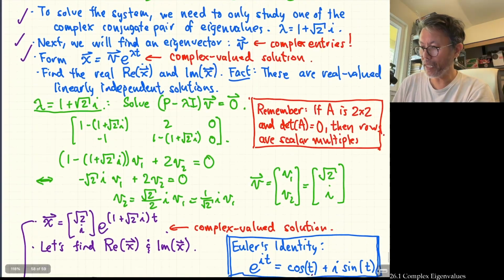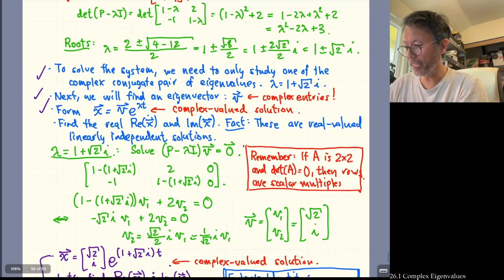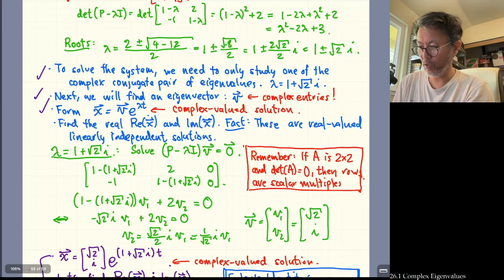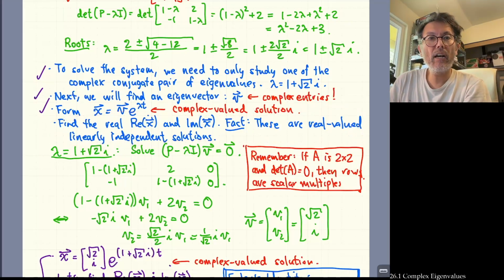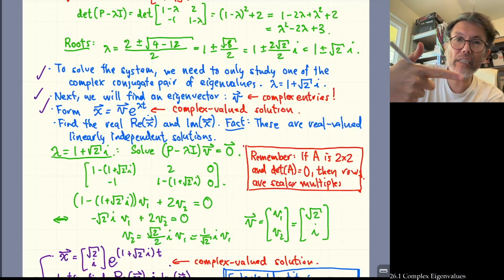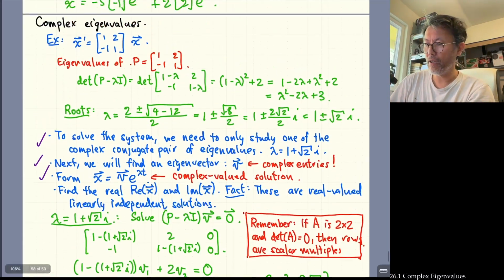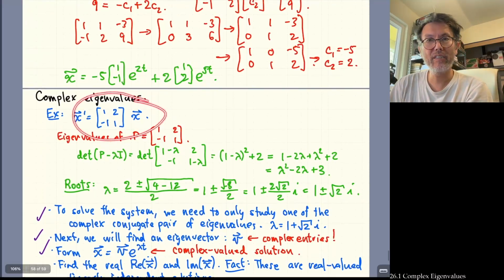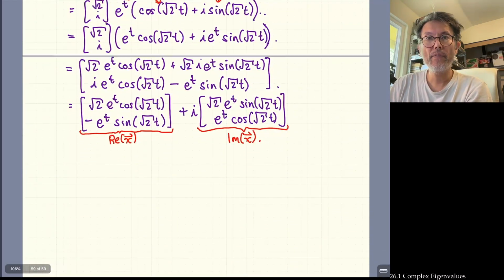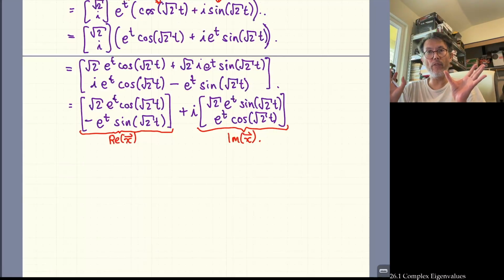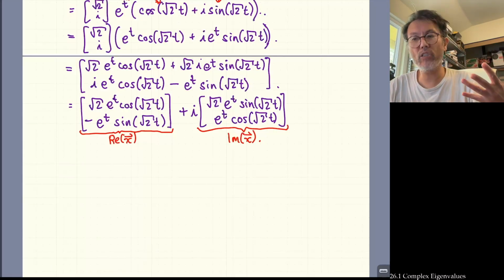And if you go back to my claim, my foie gras claim, which is sitting right here, then that states that those bits, the real part and the imaginary part, are real valued, linearly independent solutions to this system. If you believe all that, then you know that you can take a superposition of those and arrive at the general solution.